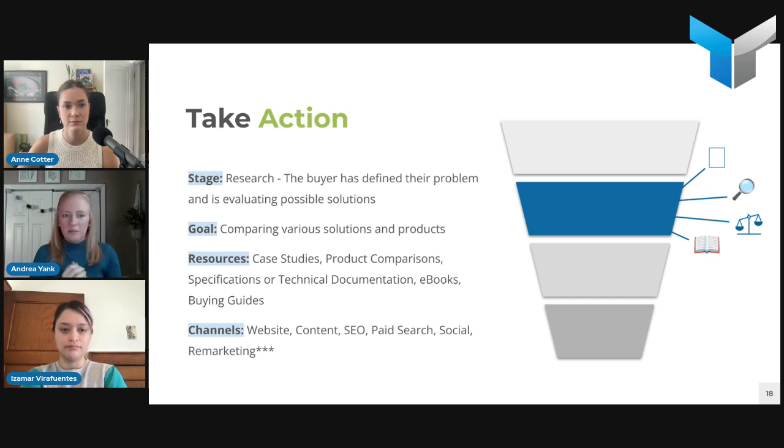You've probably brought them into a specific page with specific messaging to take the next step, which is research. And you should be collecting that audience from that page and doing remarketing to them that would get them to that next phase of their journey. But the messaging has to align. You have to be able to push them through that buyer journey in the right order. So just keep that in mind.